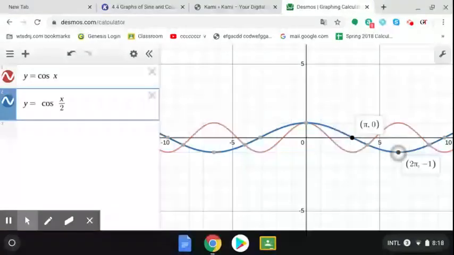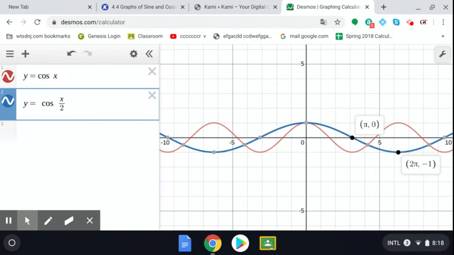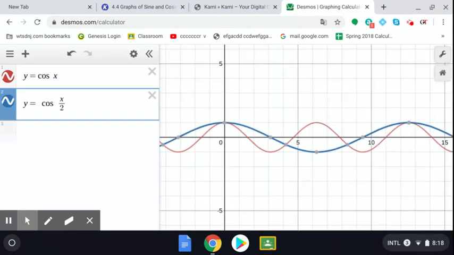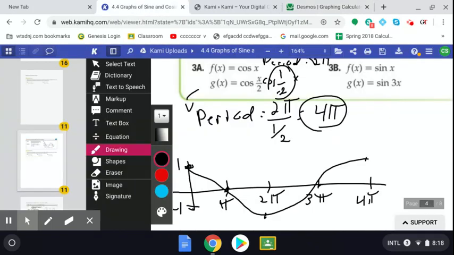This is 2 pi -1, 3 pi 0, and then you have 4 pi 1. Okay? So that makes sense. So the period there is going to be 4 pi, which is just what we did. All right?